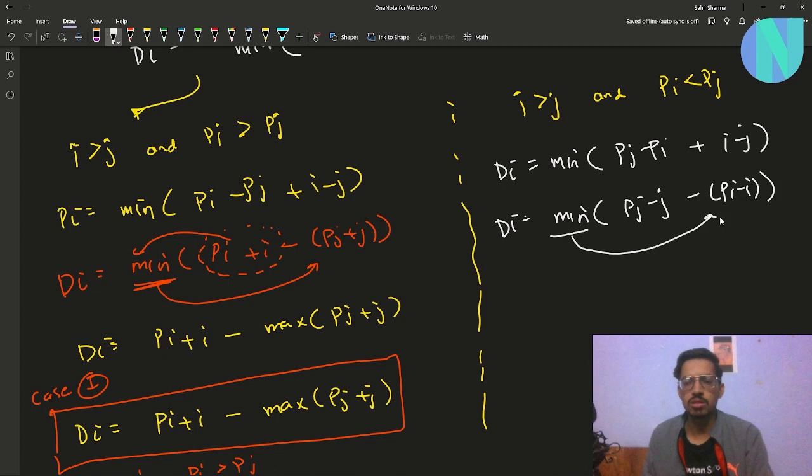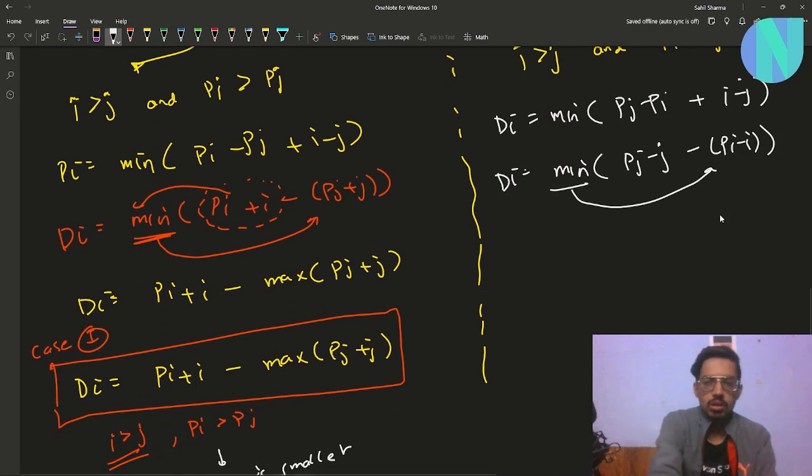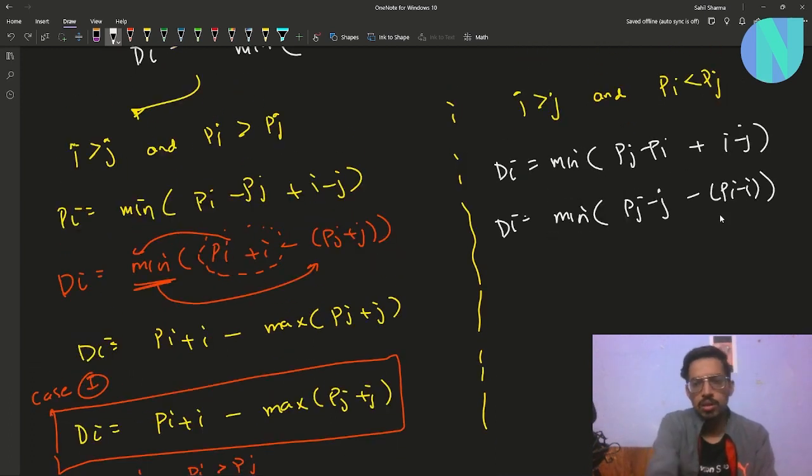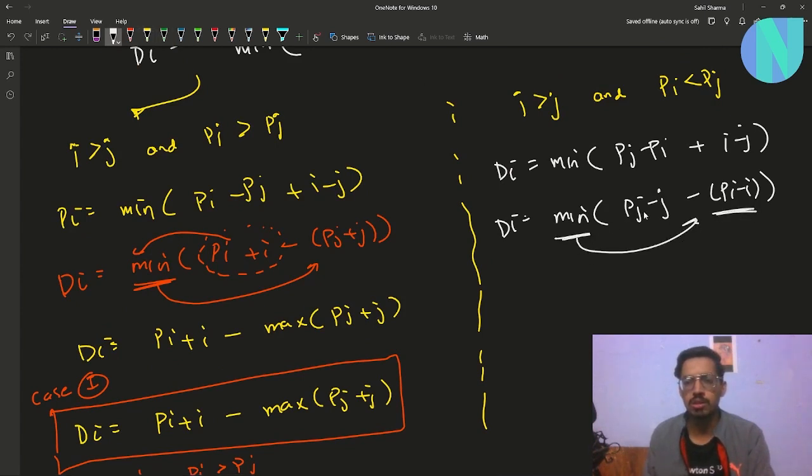Again, if we shift this here, in this case we know the value of pi minus i, so we will not shift the minimum over here. The minimum will stay with pj minus j. So your d of i will become just minimum of pj minus j minus pi minus i, right?